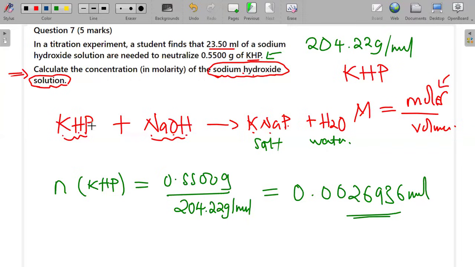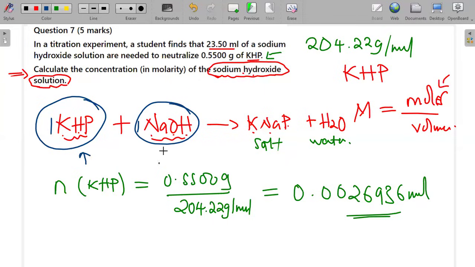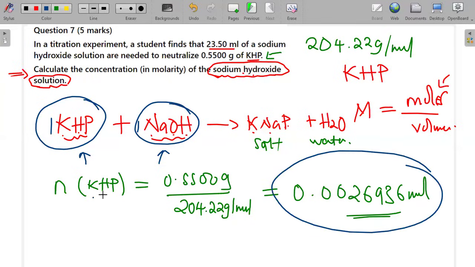So what is the mole ratio of the potassium hydrogen phthalate with the sodium hydroxide? The mole ratio there is 1 to 1. A mole ratio of 1 to 1 simply means the moles of this are exactly the moles of this. So these are the moles of potassium hydrogen phthalate, but because the mole ratio is 1 to 1, these are going to have the same moles.